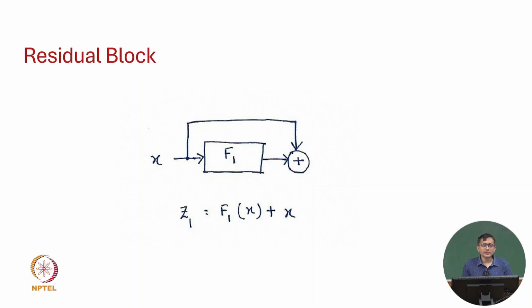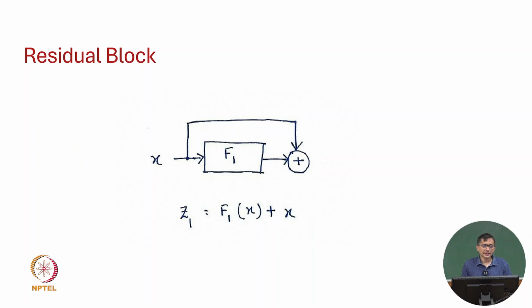And what happens here is that the X is added back, right? So we have not shown the Z1 in the picture. However, in the equation, the output Z1 is equal to F1(X) plus X. So this is one residual block.